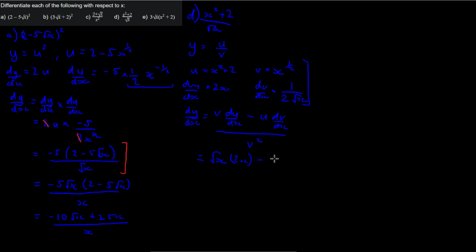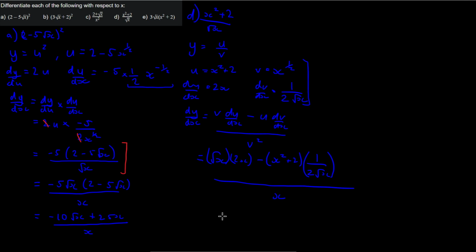We've got a minus u. u is x squared plus 2. dv dx, that's this beast over here, 1 over 2 root x, and that is all over, hold up, let me put brackets around everything I'm subbing in. That is all over v squared. v is already x to the power of half, squaring that makes it x. That's very nice.